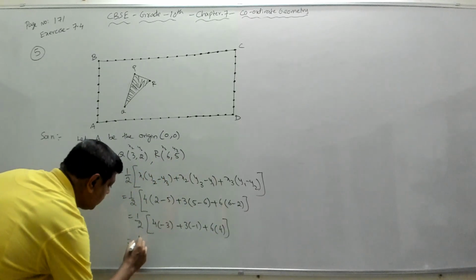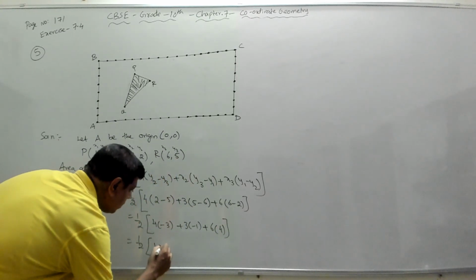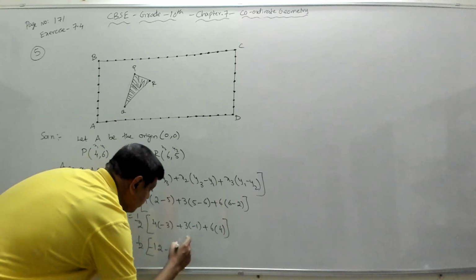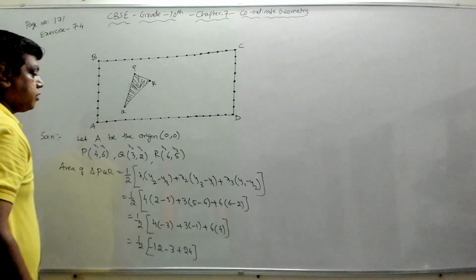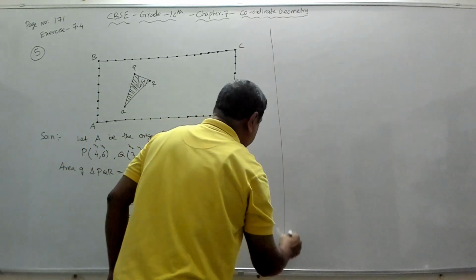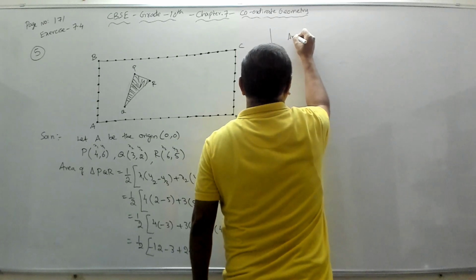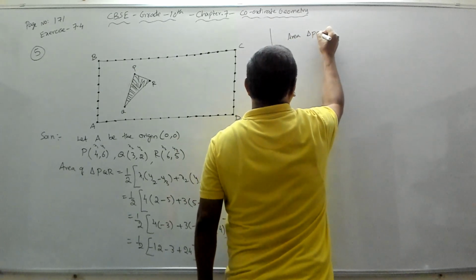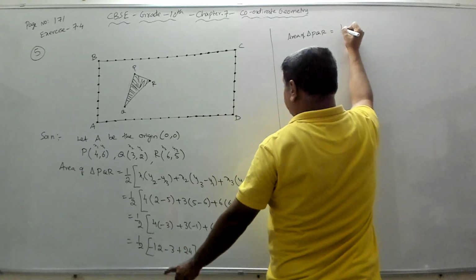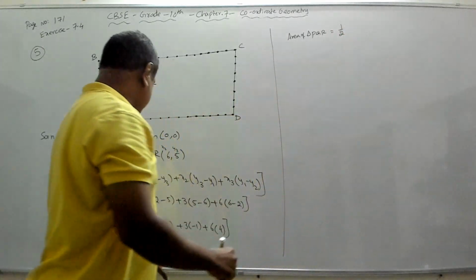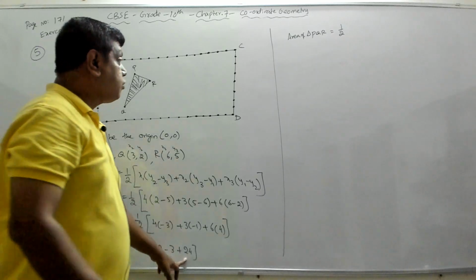So finally we get 1 by 2 of 12 minus 3 plus 24. So the area of triangle PQR is equal to 1 by 2 of, 12 minus 3 is 9, plus 24, which gives 9.